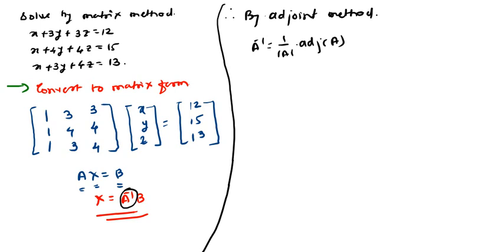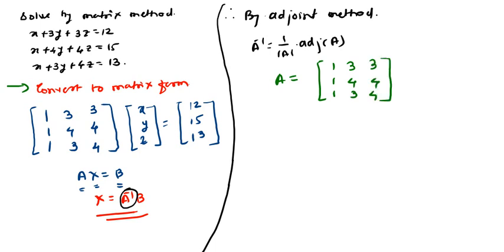So firstly we will try and find the determinant of the matrix A. The matrix A is 1 1 1, 3 4 3, 3 4 4.